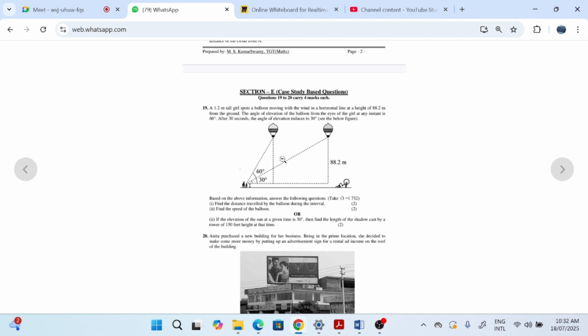Second question, find the speed of the balloon. What is the speed? Ma'am, 3.3 meters per second. Avnita, what is the speed for you?